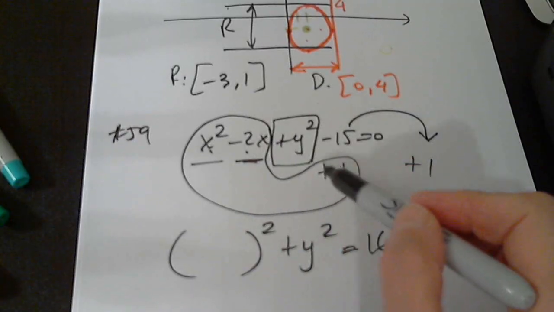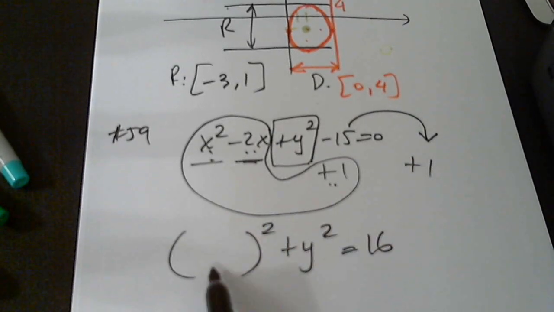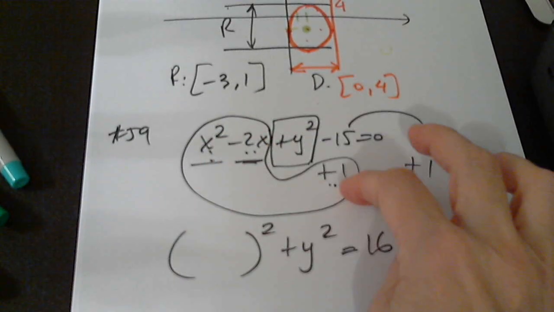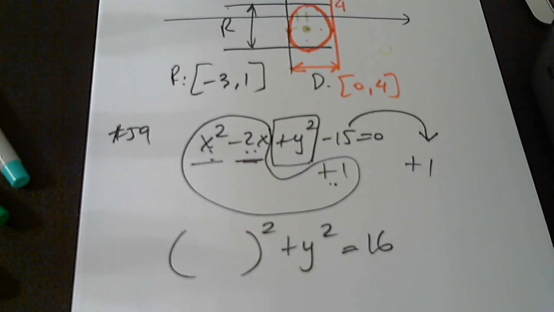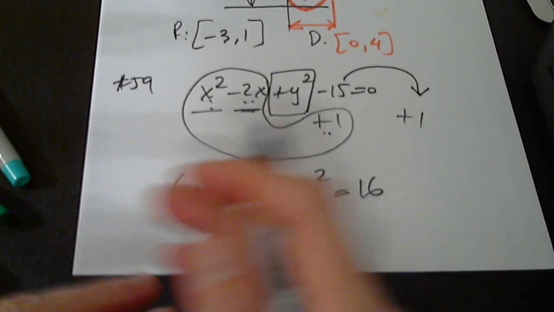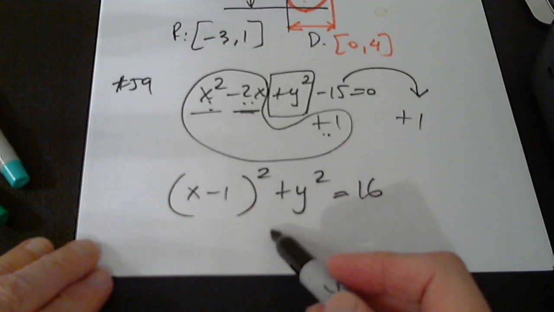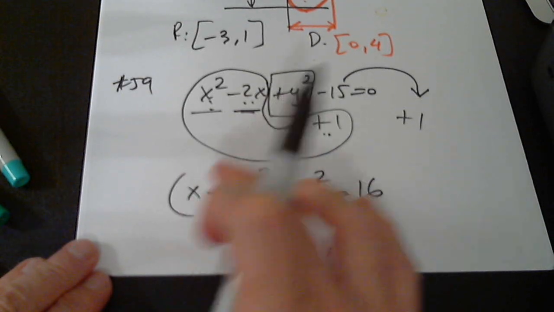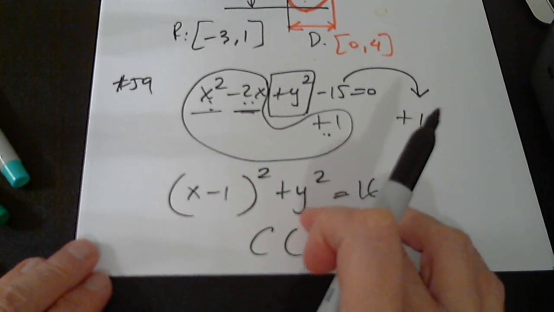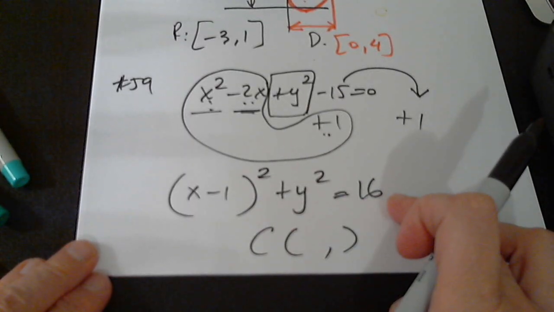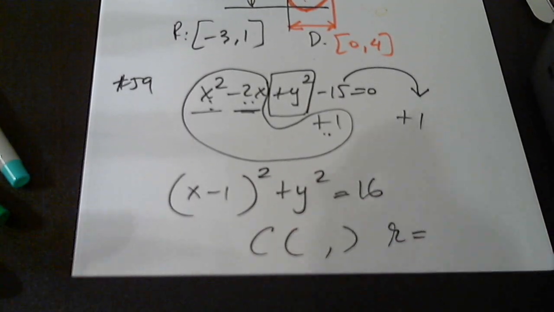Now I need somebody to tell me these three terms are here. What are they? I need two terms that I squared to get these three. x minus 1. Of course. Excellent. Of course. Now, is this a circle? Yes, it is. Because I can identify the center. This is plus a quantity with x squared, a quantity with y squared, plus between the two, equal symbol, and a positive number on the other side.